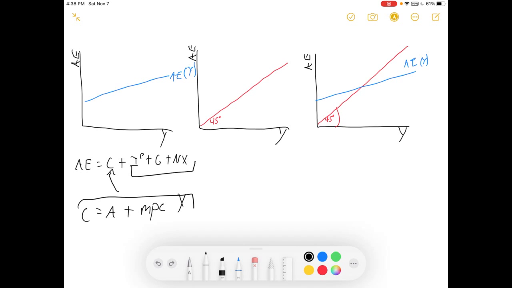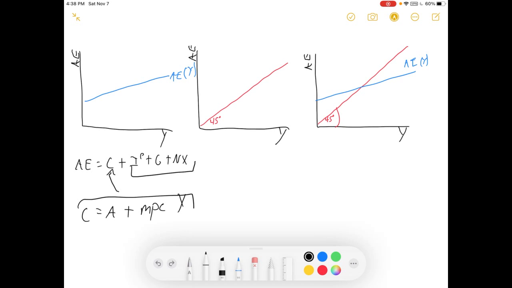And so A is some autonomous level of spending, MPC is the marginal propensity to consume, and it's the slope of the line. If you want more details on this, I do strongly recommend you check out that video before you continue.